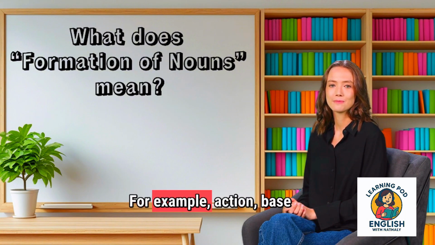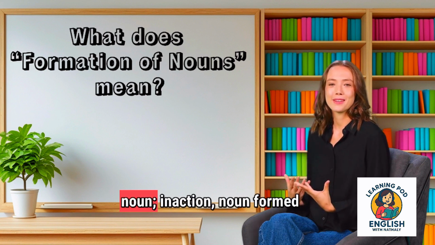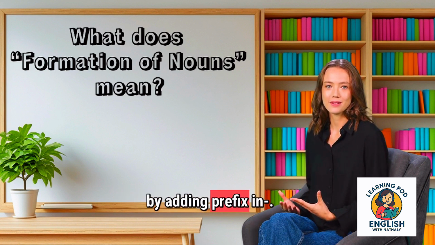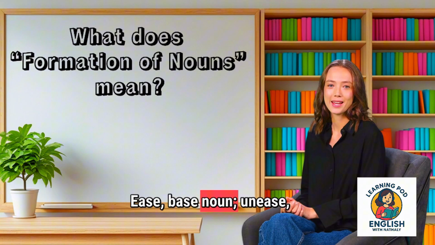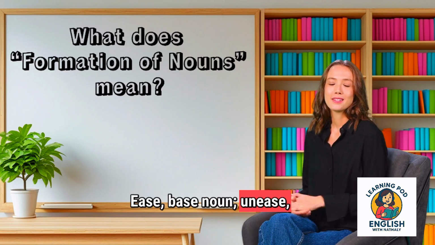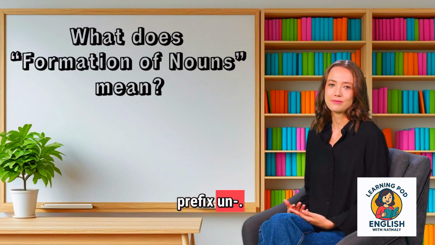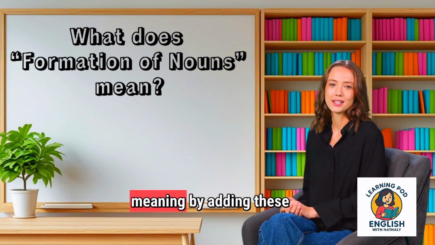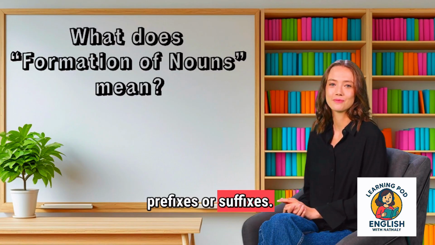For example, action, base noun. Inaction, noun formed by adding prefix in. Ease, base noun. Unease, noun formed by adding prefix un. So, a simple noun can be changed in meaning by adding these prefixes or suffixes.